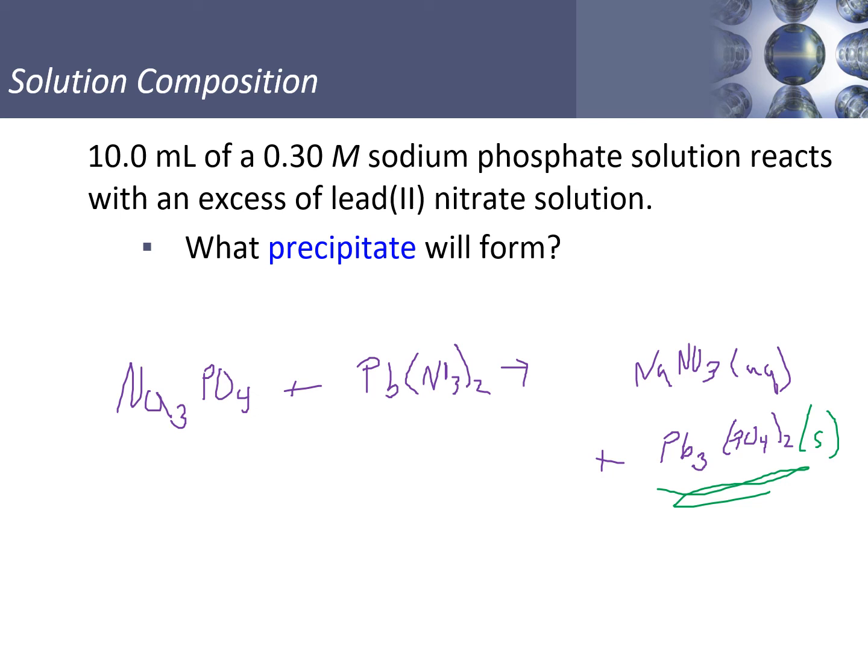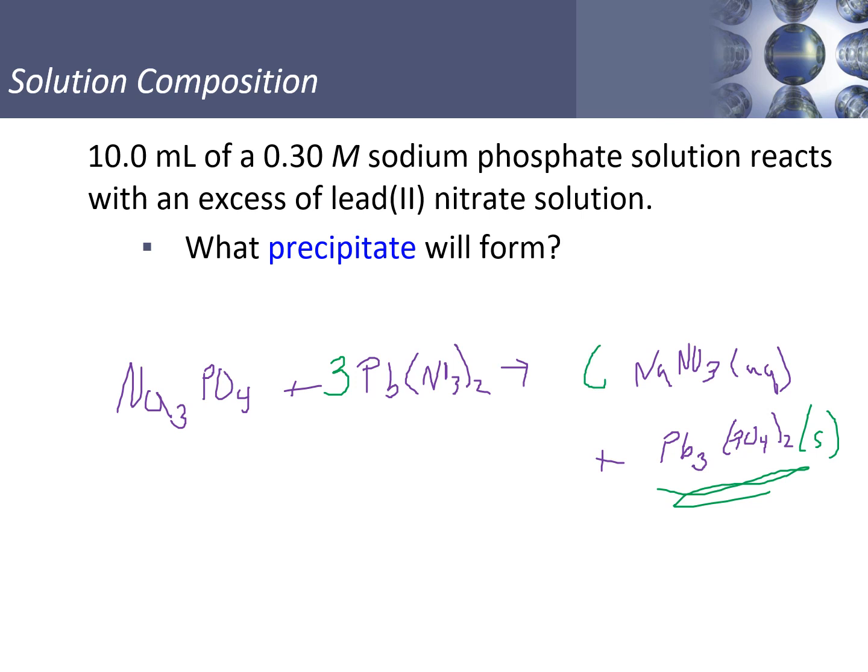So let's take a look and balance. I see with my sodium, if I start with just my sodium 3 and 3, that's going to give me an odd number of nitrates. So actually let's start with our lead here because that's going to give me less problems. So 3 lead nitrates will give me 6 nitrates altogether.